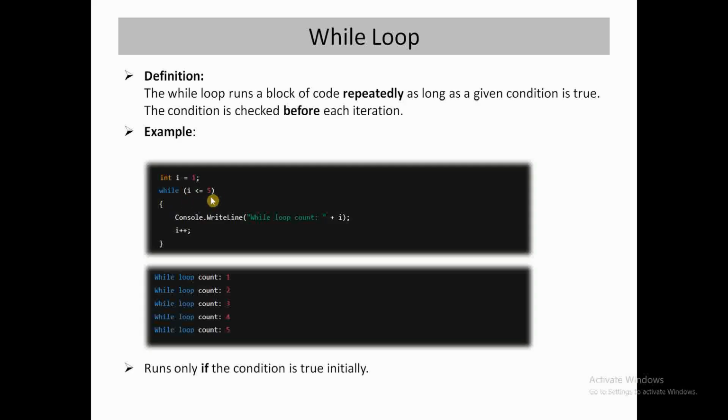If the condition is true, then it will run this block of code, otherwise it exits. First it checks the condition, then runs the block of code. Here it iterates 5 times, and runs only if the condition is true initially.